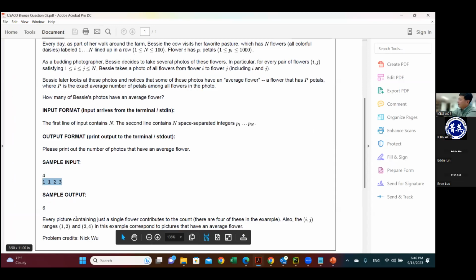Every flower itself is an average flower because Basic can take a picture of every flower. So you're trying to find every single possible combination of I through J, and then from I and J you figure out what the average is and how many flowers. Okay, I get it now. Each flower you get is an average flower.